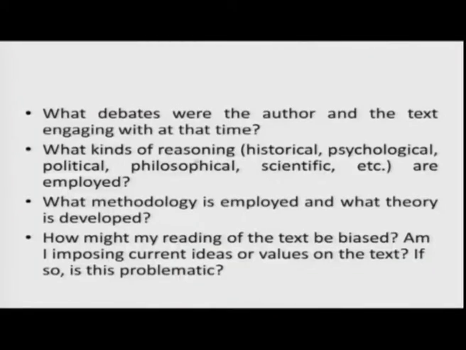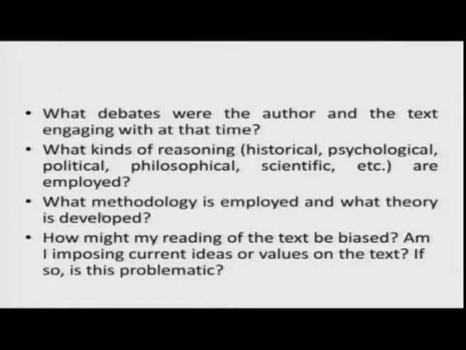What kinds of reasoning, historical, psychological, political, philosophical, scientific, etc., are employed here? Here you can see that Brecht compares theatre with sports. So, he takes something from contemporary context, contemporary society, and puts forth his argument.